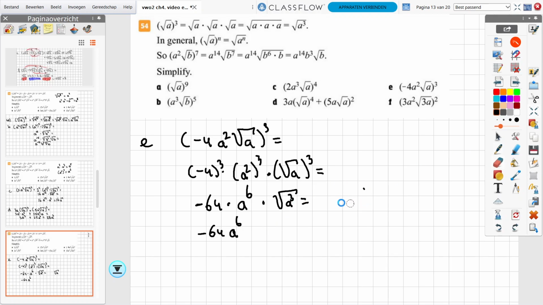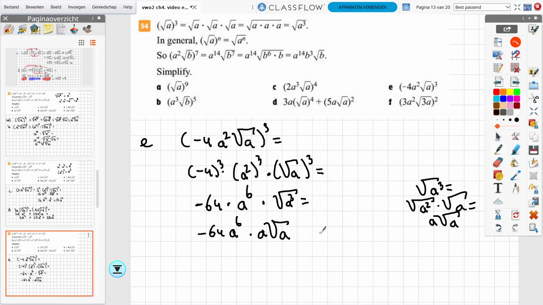You can write this down immediately as a root a if you want to. Why is this the same as a root a? Because remember, root a to the power of 3 is the same as root a squared times root a, which is the same as a root a.